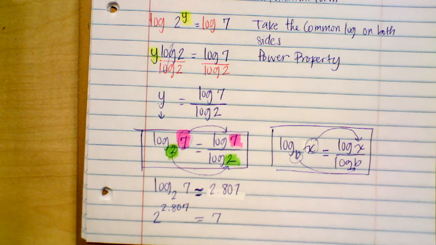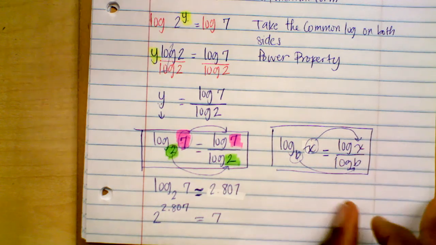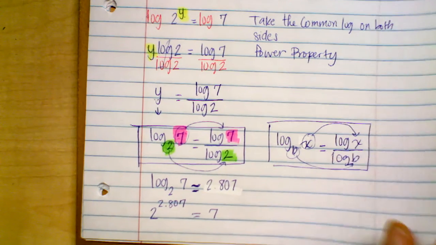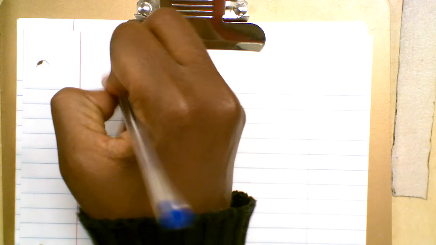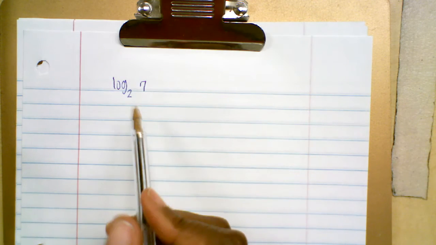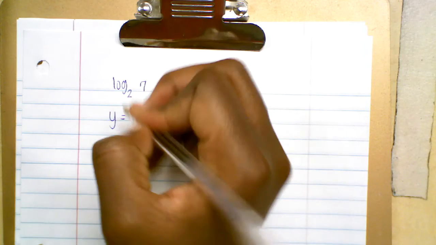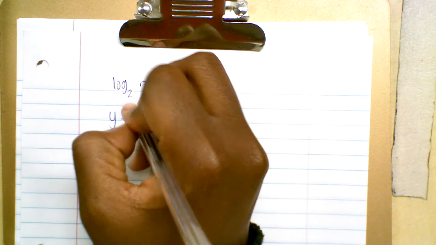Now, you could also evaluate this log by using ln, the natural log. Let me show you. Again, you have log base 2 of 7, and you want to evaluate it, but this time I'm going to use ln instead of the common log.